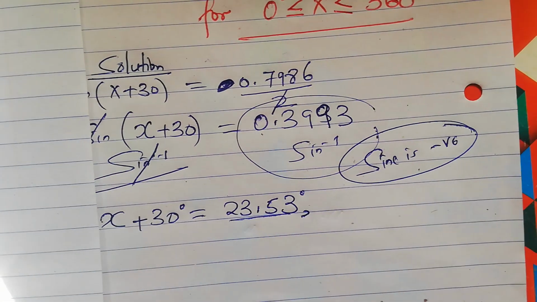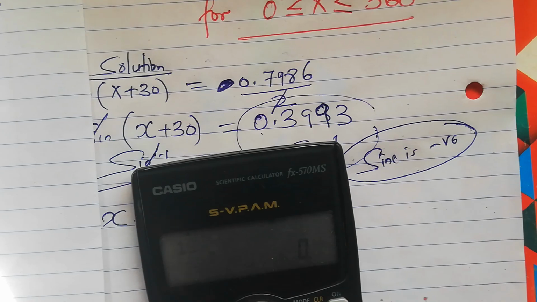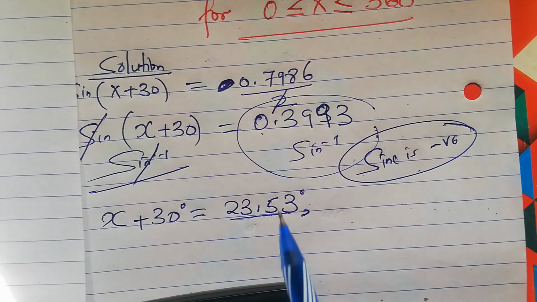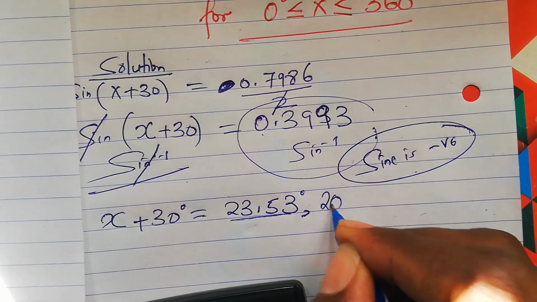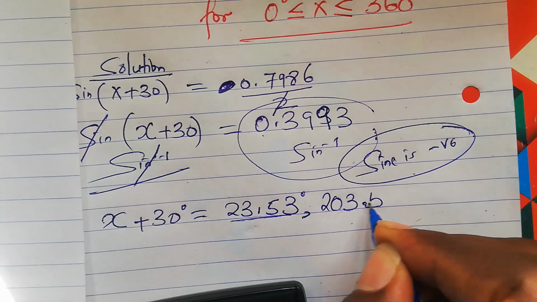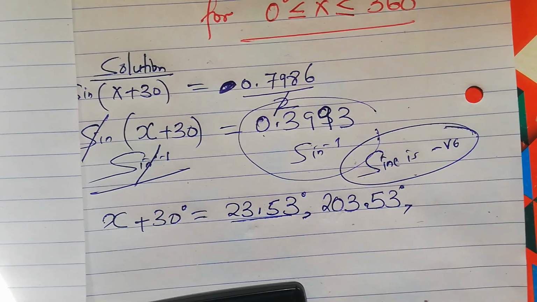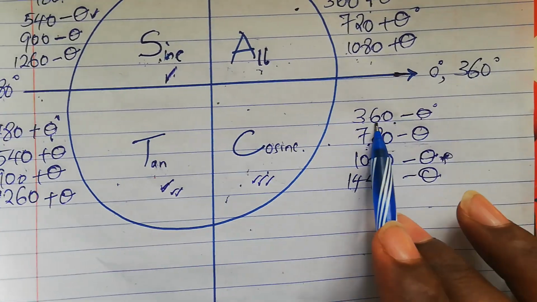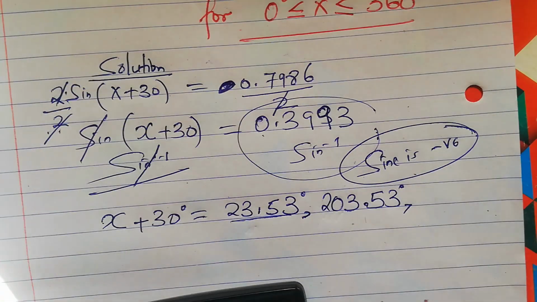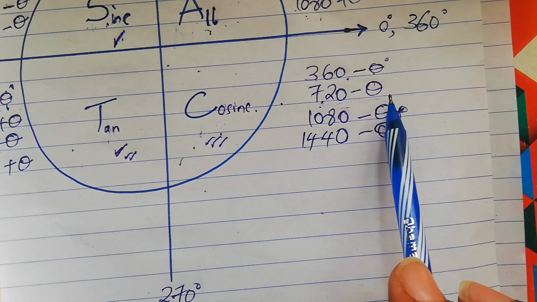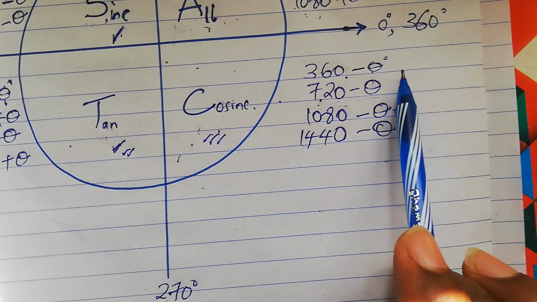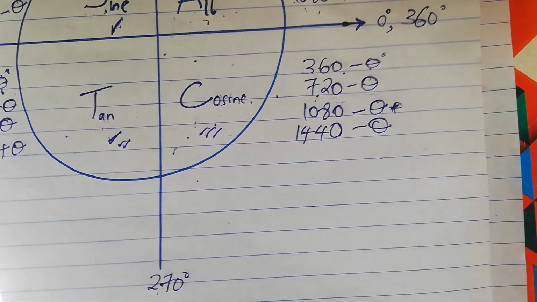Now theta is this, 180 plus 23.53. You get 203.53. Now we are listing the values before we simplify them, comma. After that one, we go to 360 minus theta. We take the first turn, and then we go to the second ones that way.